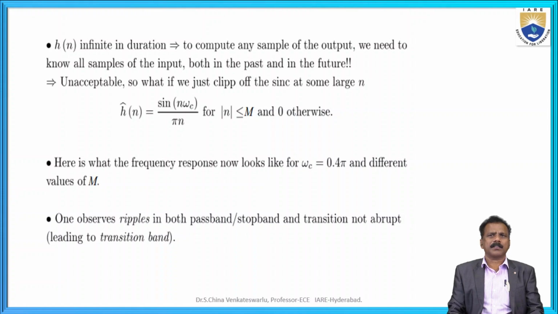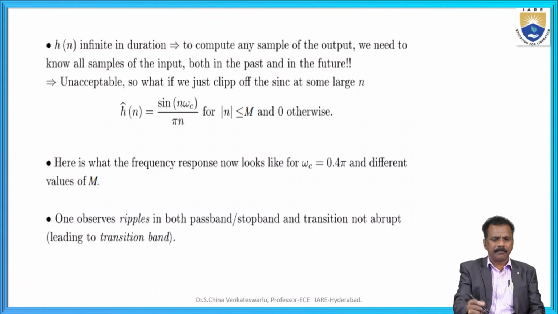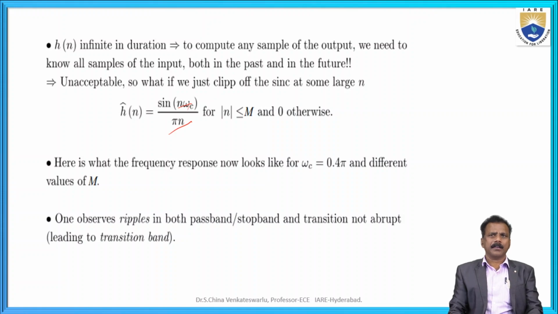Approximately, h of n is equal to sine of n omega c by pi n for mod n less than or equal to M and 0 otherwise. To compute any sample of the output, we need to know samples of the input, both in the past and the future.